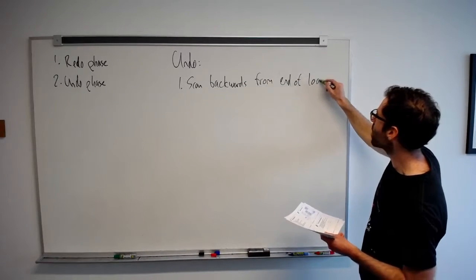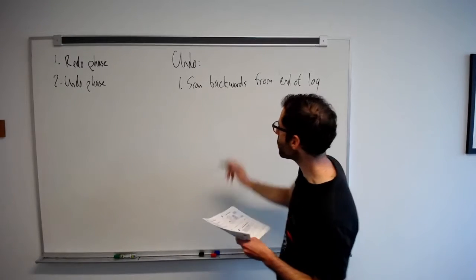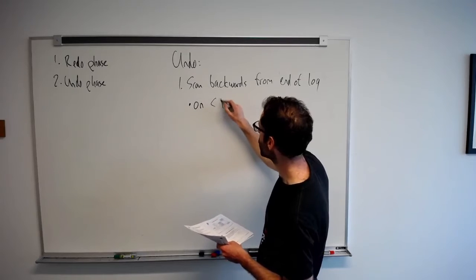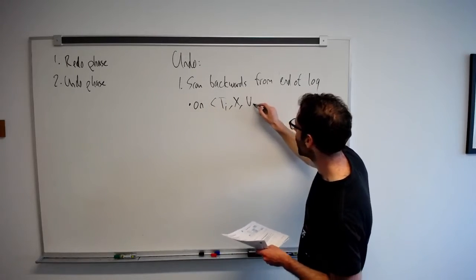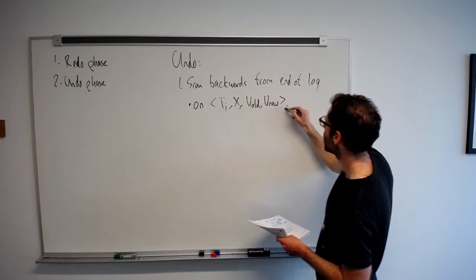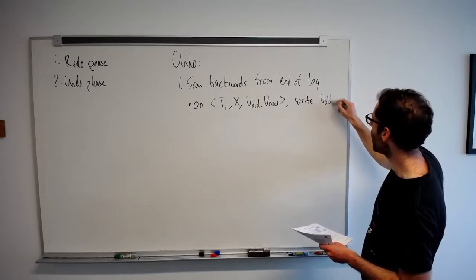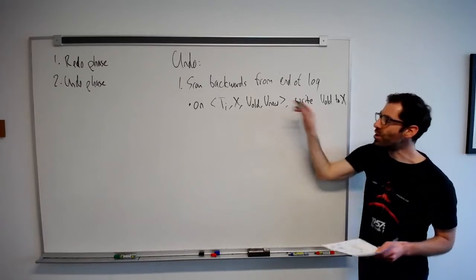I'm going to scan backwards from the end of the log, and when we encounter one of these update records, we're going to write the old value to X. We're going to restore X to the old value. We're undoing this update.